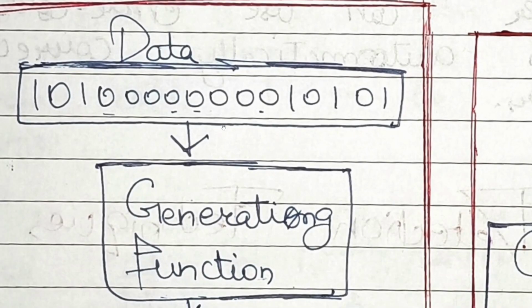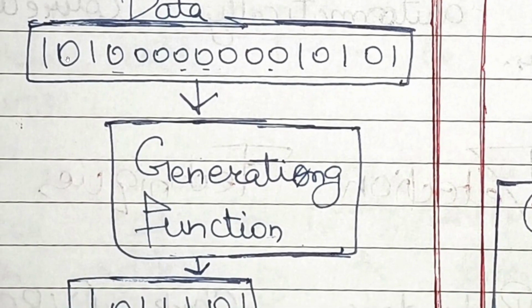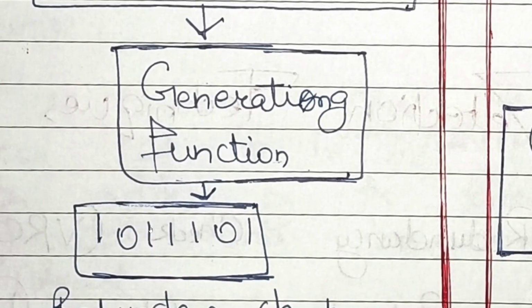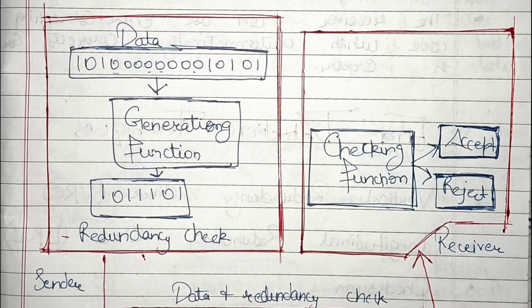Now you will apply some logical calculation, some algorithm, on the basis of the data, which is 1 0 1 0 0 0 0 0, and it will generate some bits. It has a defined algorithm. This algorithm was applied on this data and this came out. Understood? Very well.